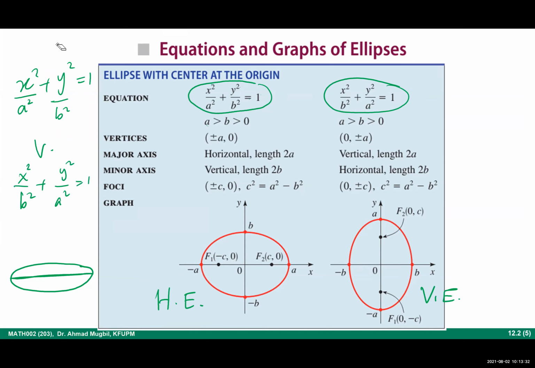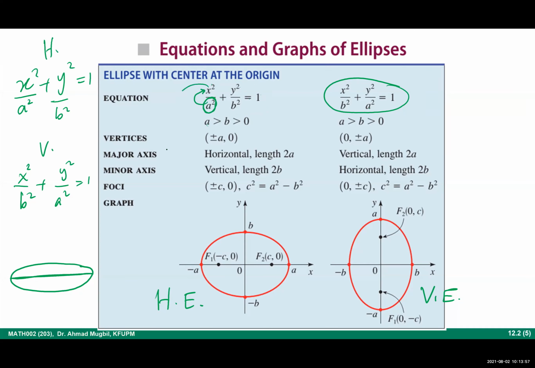Come on, this is the opposite. I'm talking about this is the vertical, this is the horizontal. Again, you have to be careful. We have agreed that this is the horizontal, this is the vertical. Okay? So why is that, guys? How to know? Because always the bigger denominator, A squared, is bigger. So the bigger denominator is under what?